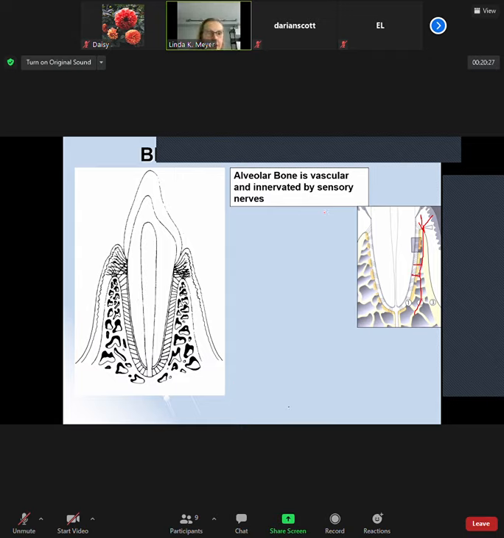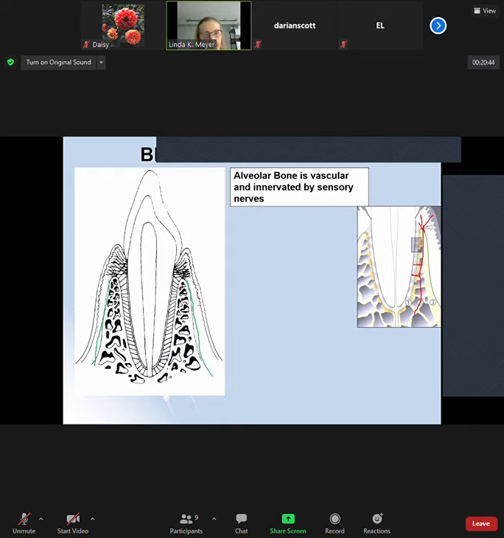I've talked about how on the surface, on the buccal and on the lingual, covering bone is a fibrous connective tissue that's loaded with nerves.